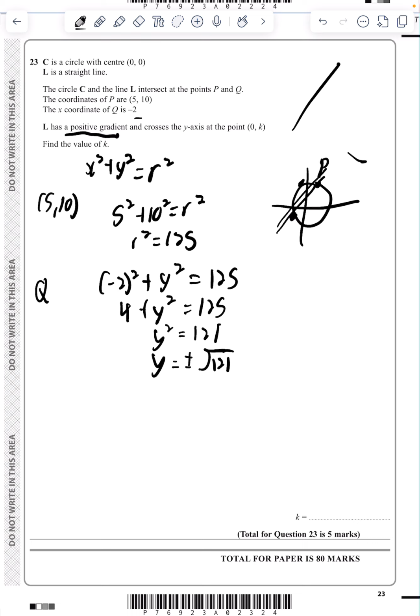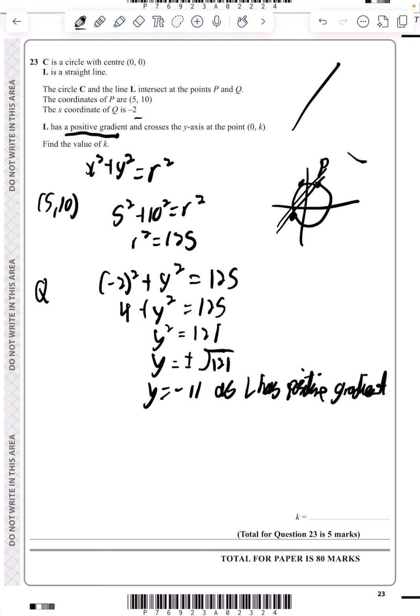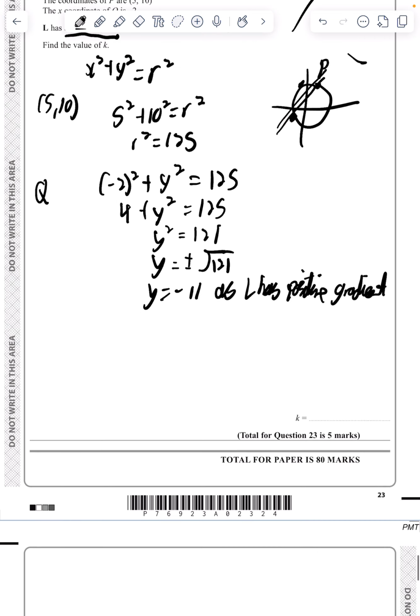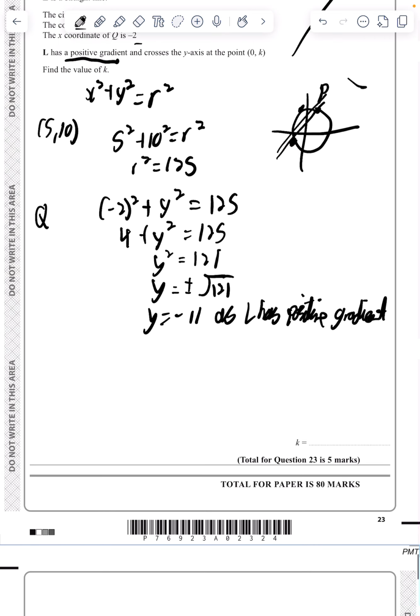So it's got to be the negative one, as L has positive gradient. And now you can look at the gradient, y2 minus y1. So Q is coordinates minus 2, 7.